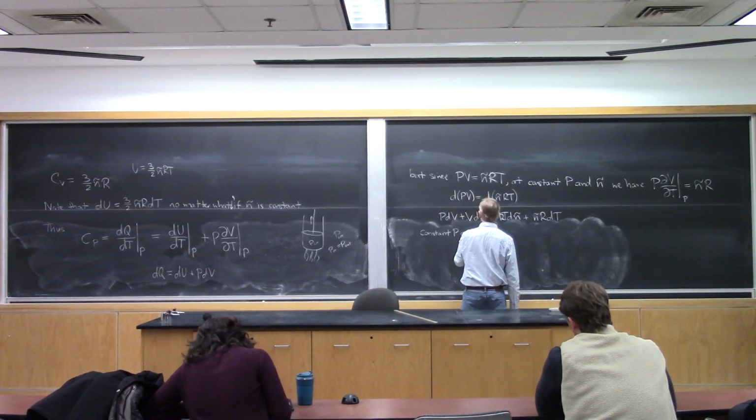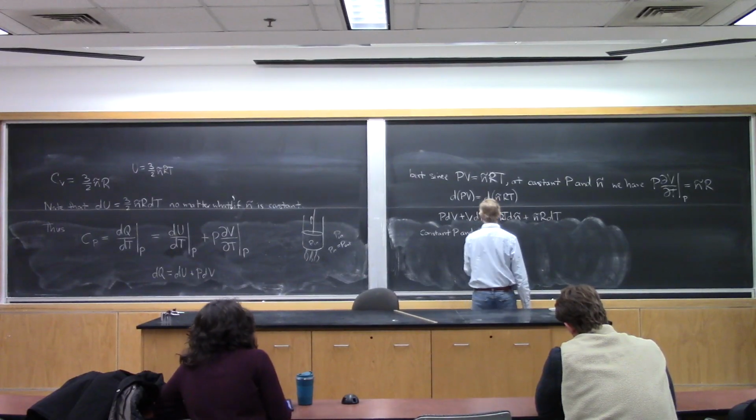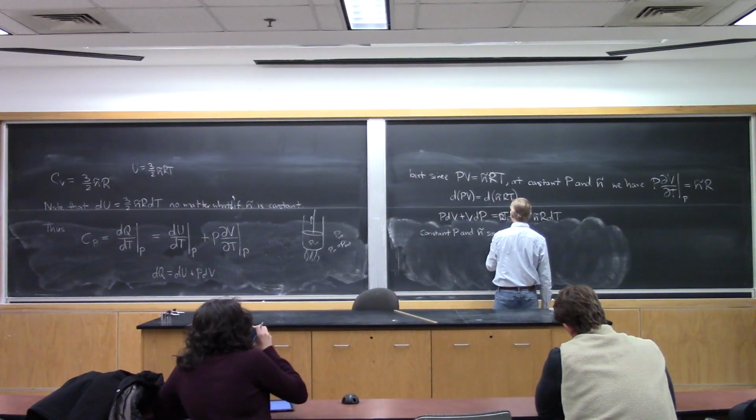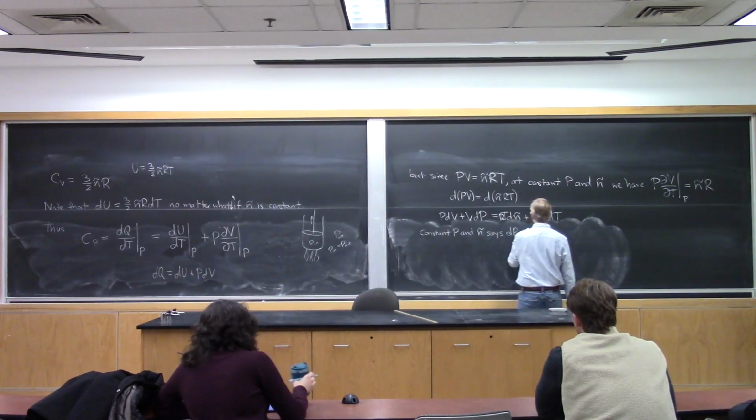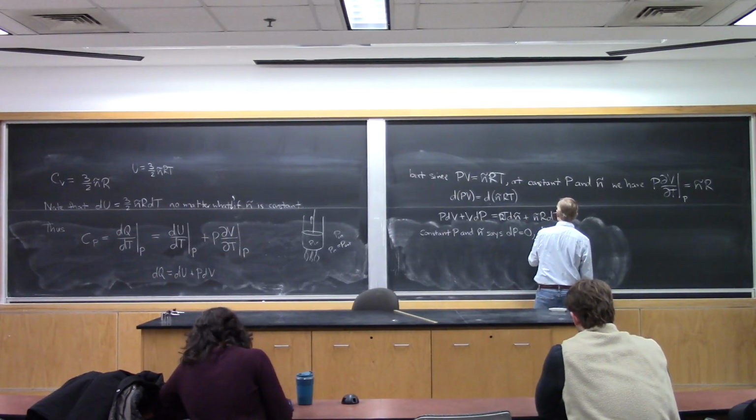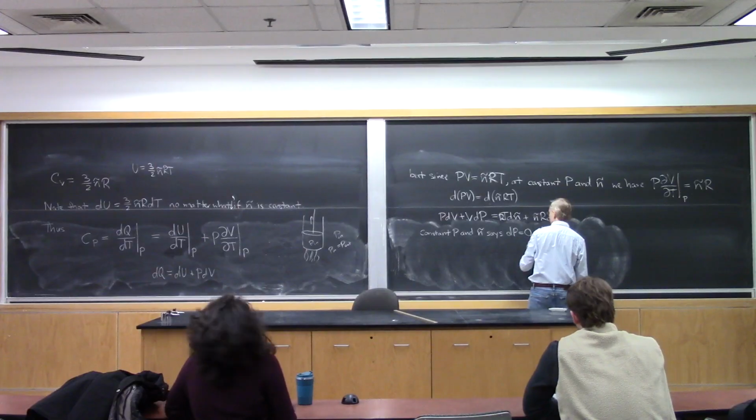Constant P and N tilde says dP equals 0, dN tilde is equal to 0.